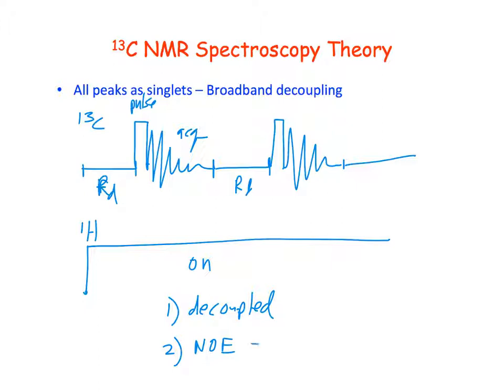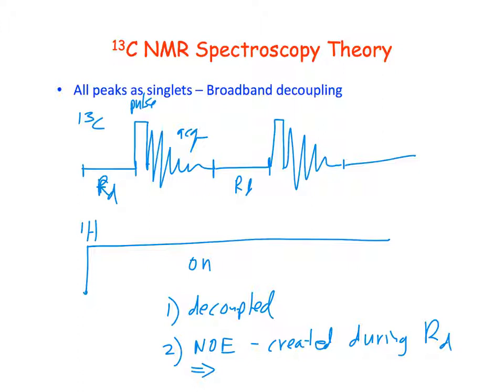This is created during the relaxation delay, and that often causes the protonated carbons to be bigger than the quaternary carbons, because they're enhanced by NOE. The more protons there are on a carbon, the more NOE there is.